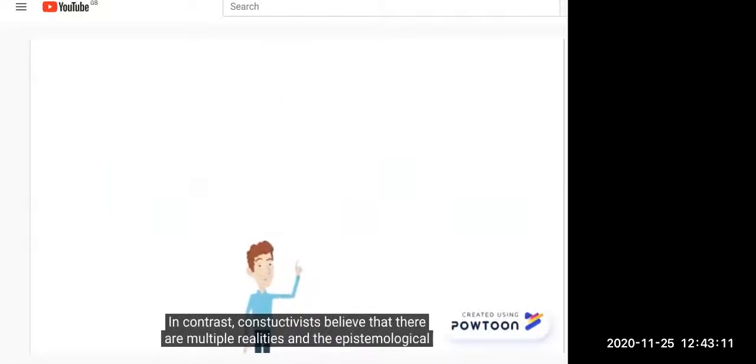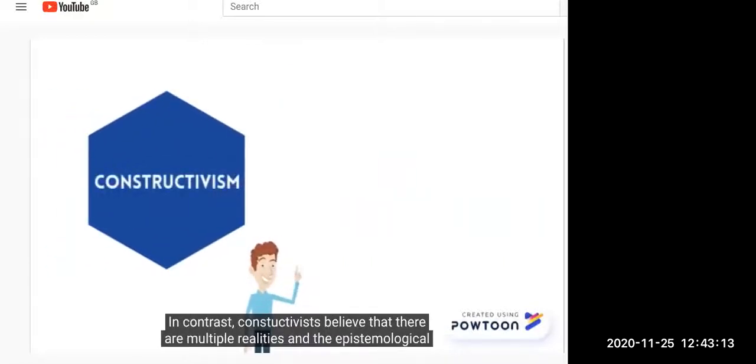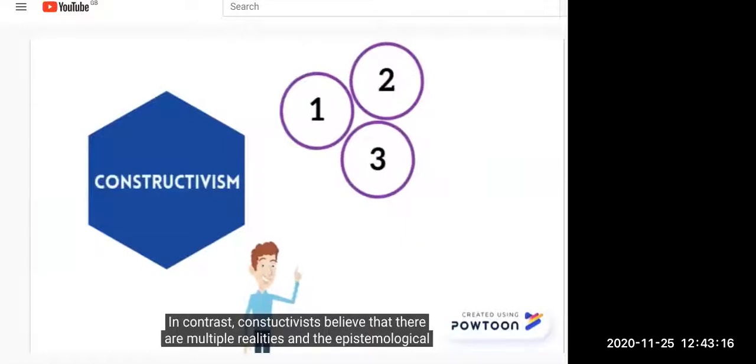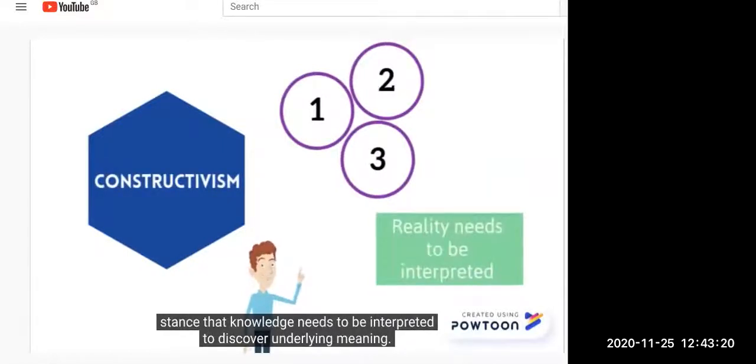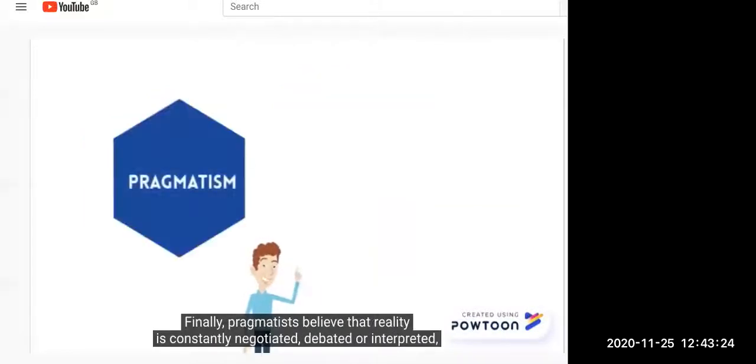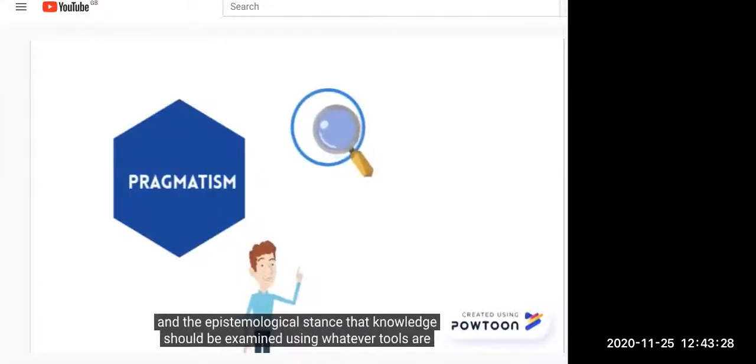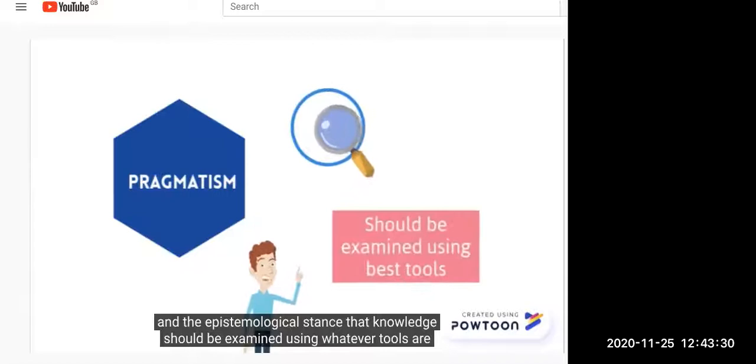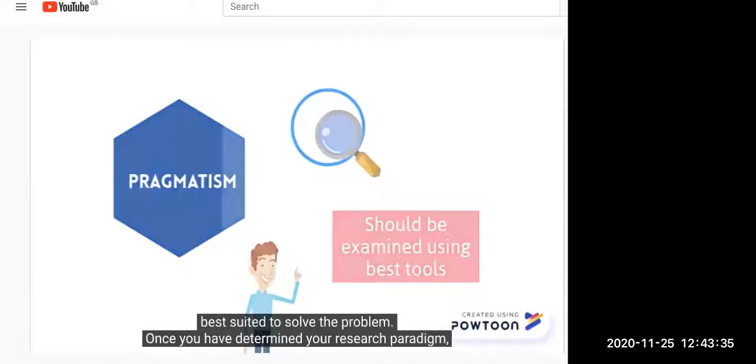In contrast, constructivists believe that there are multiple realities, and the epistemological stance that knowledge needs to be interpreted to discover the underlying meaning. Finally, pragmatists believe that reality is constantly negotiated, debated, or interpreted, and the epistemological stance that knowledge should be examined using whatever tools are best suited to solve the problem.